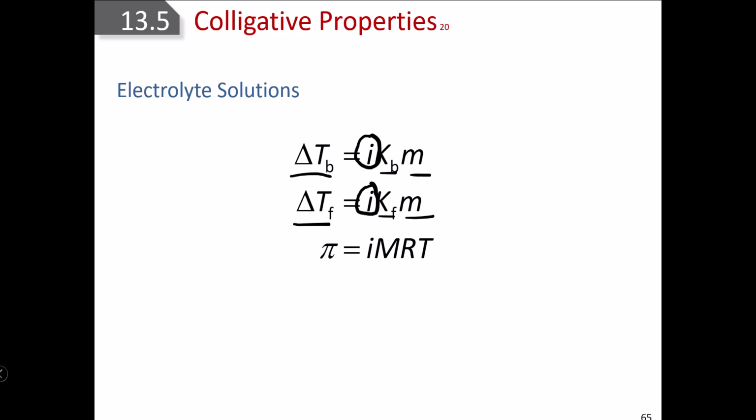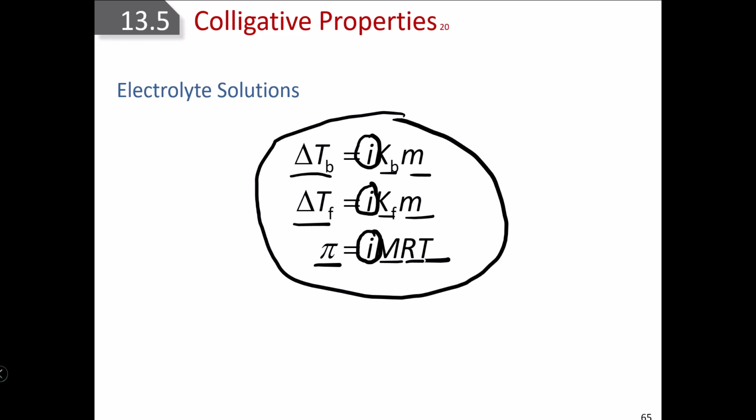Same thing with osmosis. It's not just molarity times gas constant times T. Now we have the Van 't Hoff factor, the number of particles after dissociation divided by the number of formula units. So this is a good slide. You may want to make a note of this because this is in a nutshell the equations that you need to know and be able to use for colligative properties.